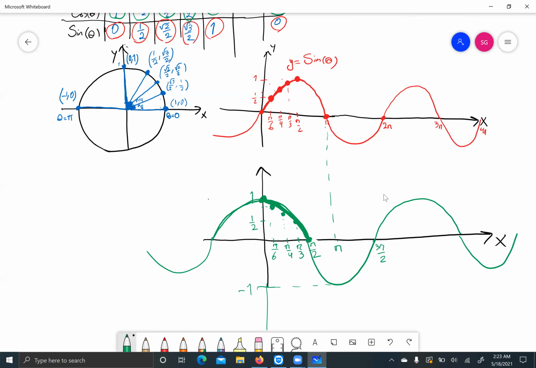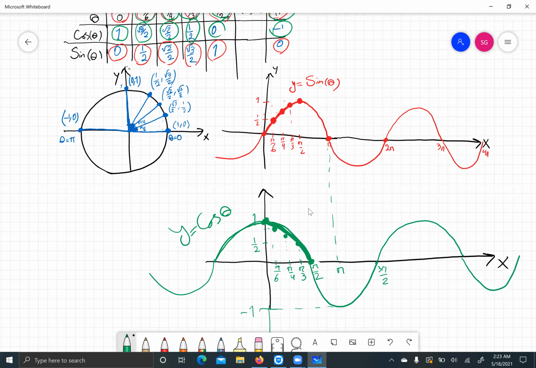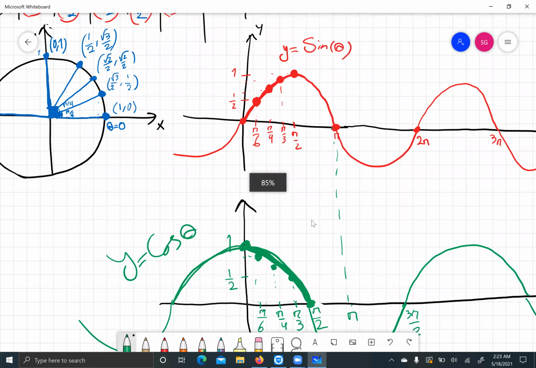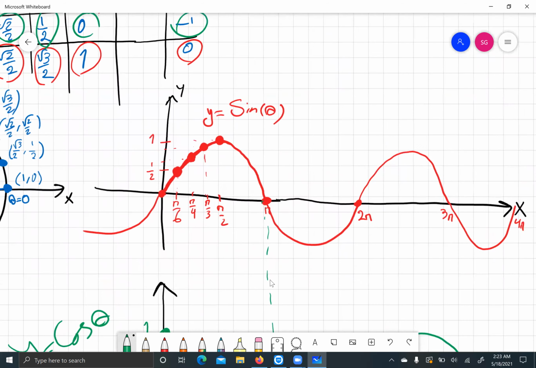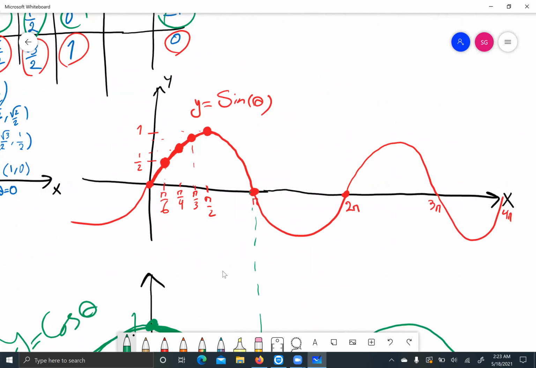So as you can see, the graphs of sine and cosine are pretty similar, but they are kind of different. This is the graph of cosine. But if I want to draw both of them in the same coordinate, maybe that gives you a better idea of the relationship between sine and cosine.